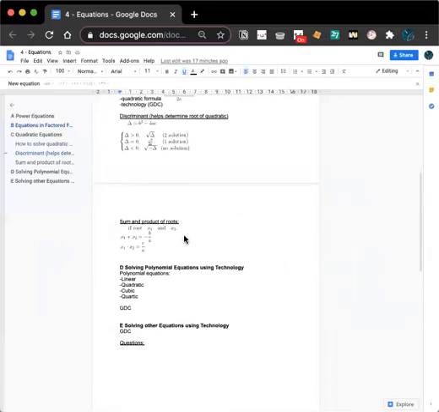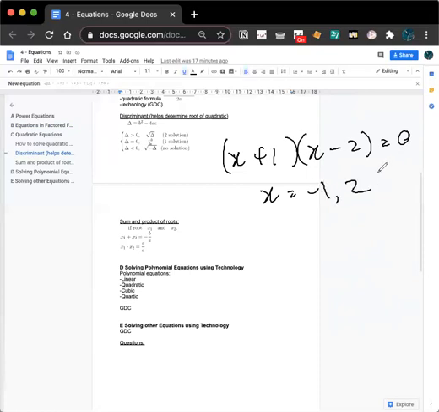Okay, and then next up we have the sum and product of roots. Assuming that we have two roots, for example, if you have something like this, your roots would be -1 and 2, because assuming that x plus 1 equals 0, you have to look for the x value.